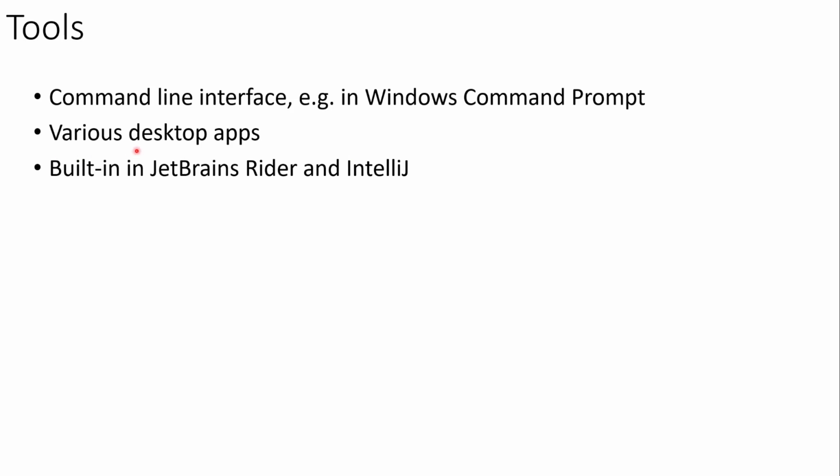There are various desktop apps, some Git GUI standalone apps, which are probably just great, and you can use those. And then JetBrains products like Rider and IntelliJ have their own built-in tools, and since we're working in these IDEs, it just seems easier to use them, and that's also what I'm familiar with. So I'll focus on these tools and ignore the other ones throughout the series.